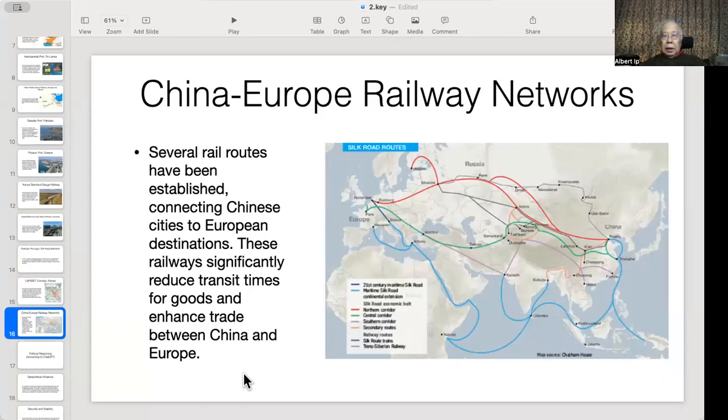Another interesting thing is about the China-Europe railway network. We know that China is one of the largest manufacturing hubs in the world. A lot of products are manufactured in China.